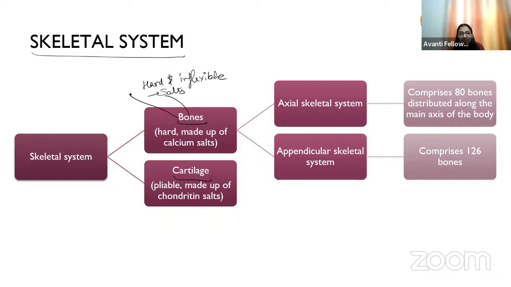And the most abundant salt present in bone is calcium phosphate. Please remember this, it is calcium phosphate. Cartilage is soft, it is flexible, it has rare deposition of mineral salt.